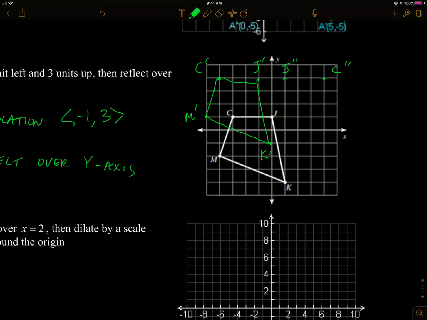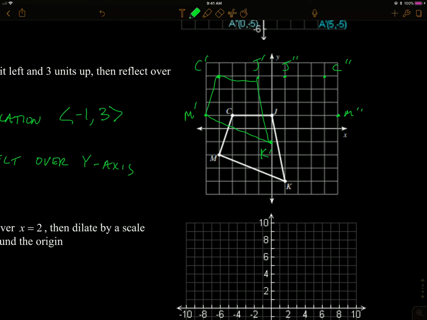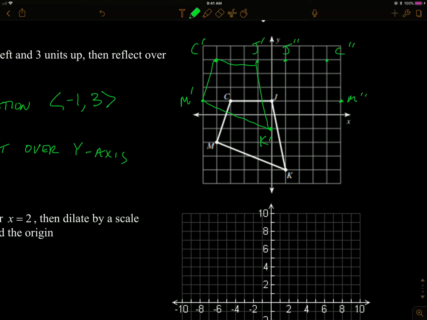M prime shows up over here to be M double prime. And then K prime is right on the axis, on the line of reflection, so it stays where it is, and that would be K double prime. Let's do our final one in a different color. So in blue, this would be our final image after the composition.